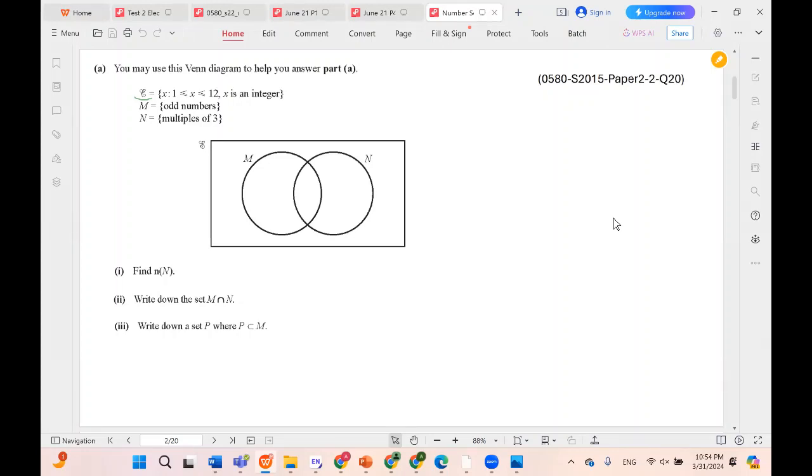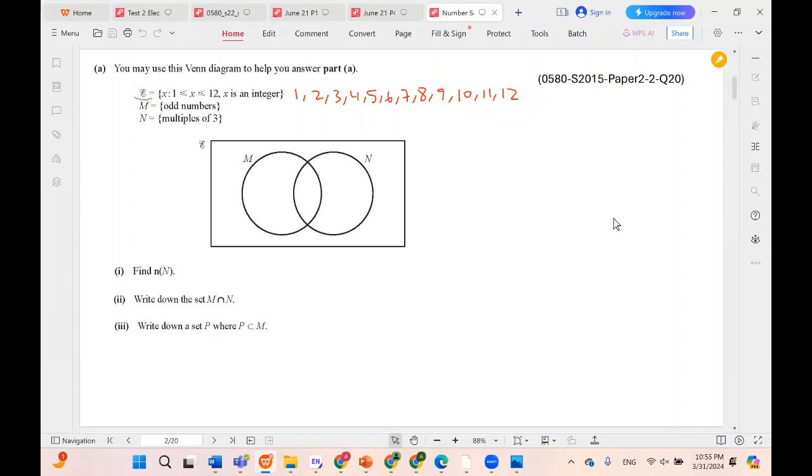You can write them down quickly. X is an integer, so we cannot use any decimals. So the elements here would be 1, 2, 3, 4, 5, 6, 7, 8, 9, 10, 11, 12. These are the elements in this problem.